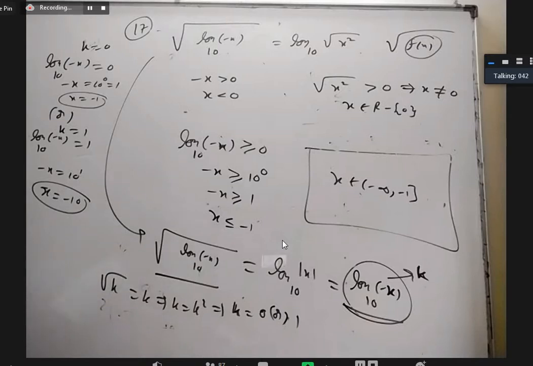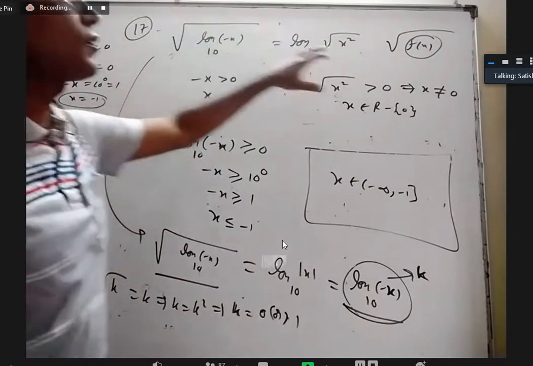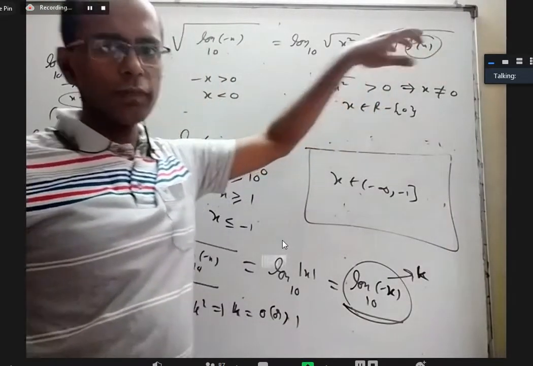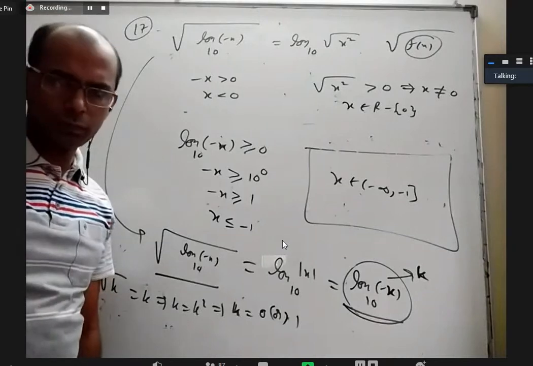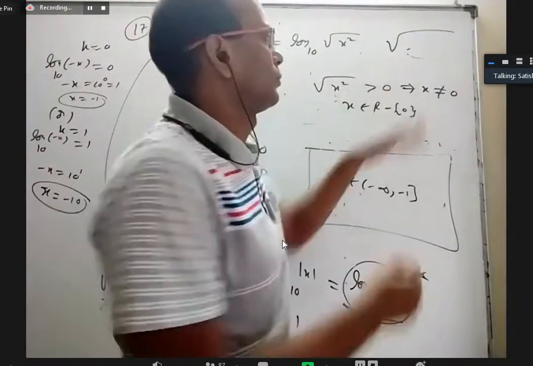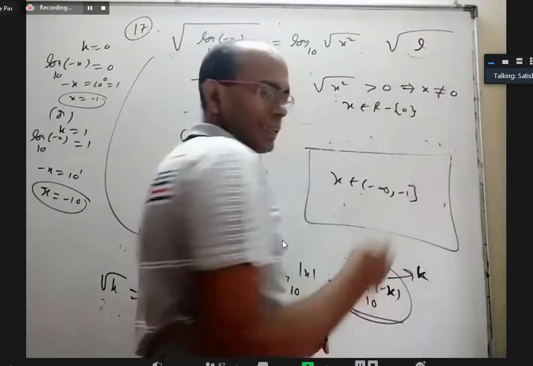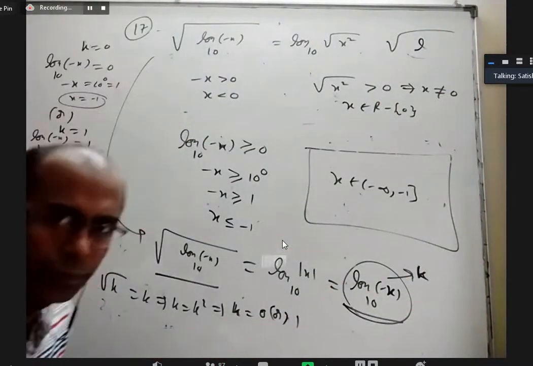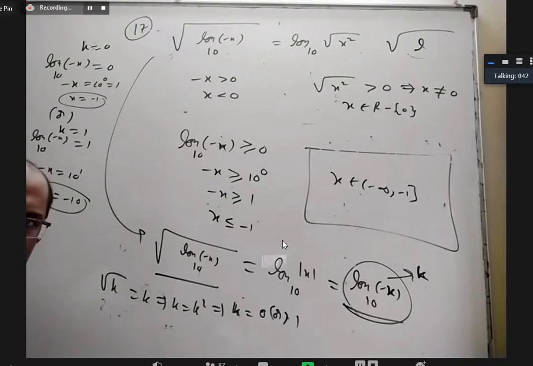Sir, why did you take greater than or equal to 0, sir? Once again, I'm explaining when root of something will be defined. Let us say I want to talk about root L. If L is negative, root of a negative number is not defined.